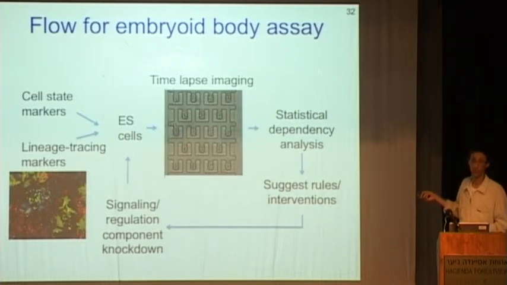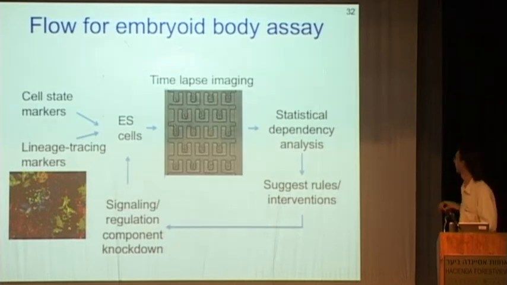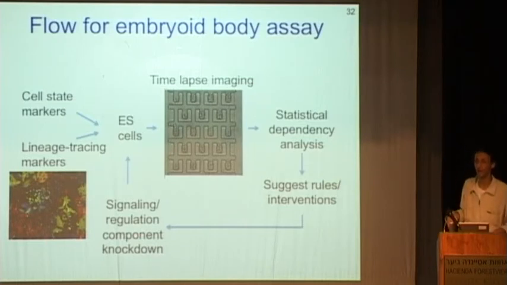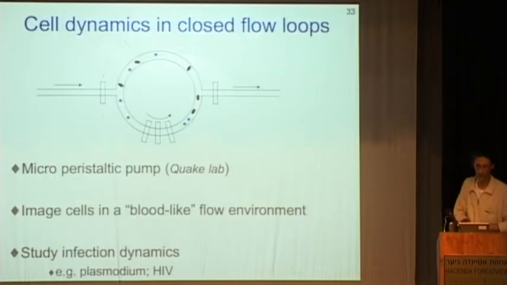If we find good cell state markers, to use them, put the ES cells in this kind of device, follow them over time and suggest rules for differentiation, and then maybe we can use some interventions like small molecule or siRNA to shut down or activate some signaling pathways and see how it affects the result.